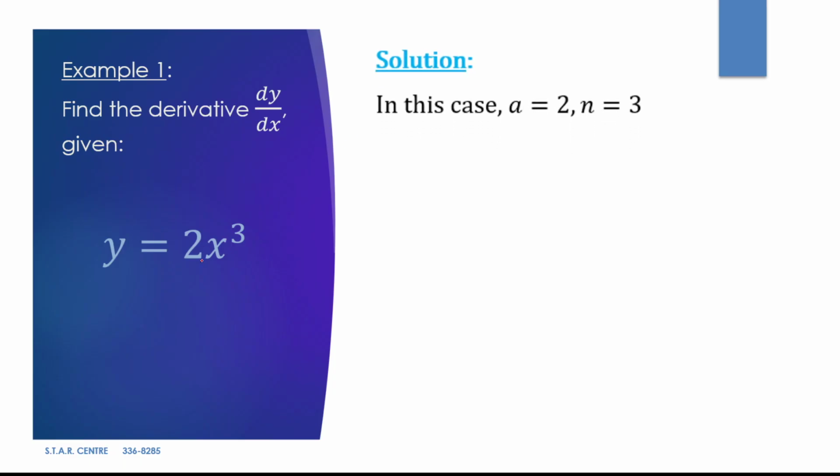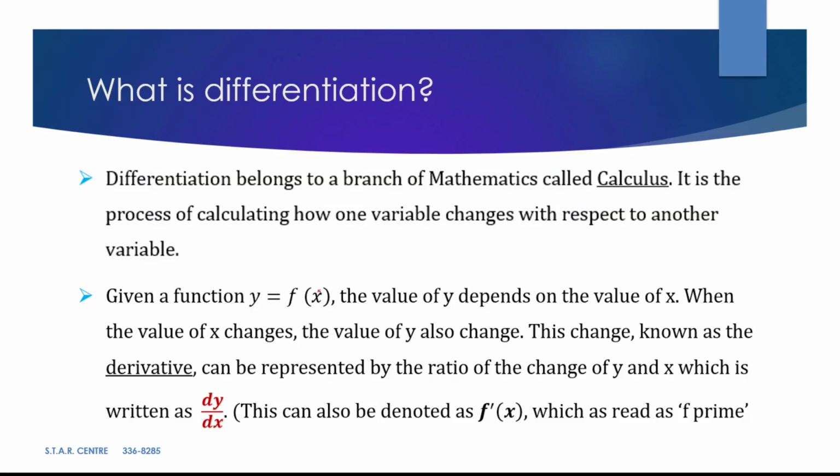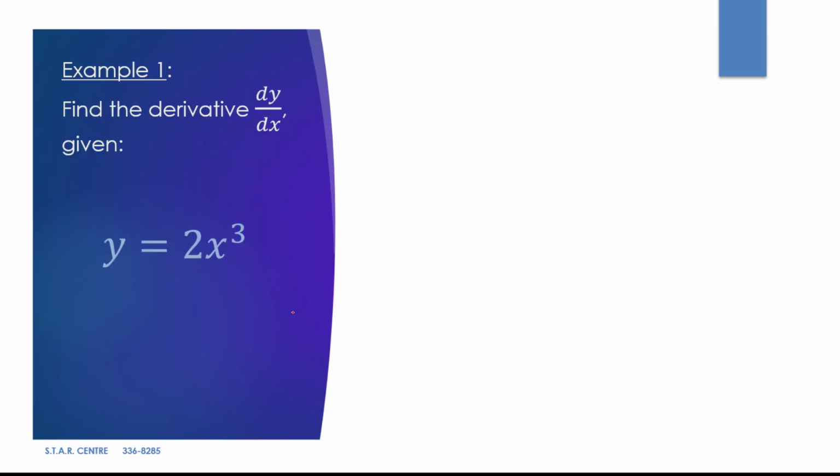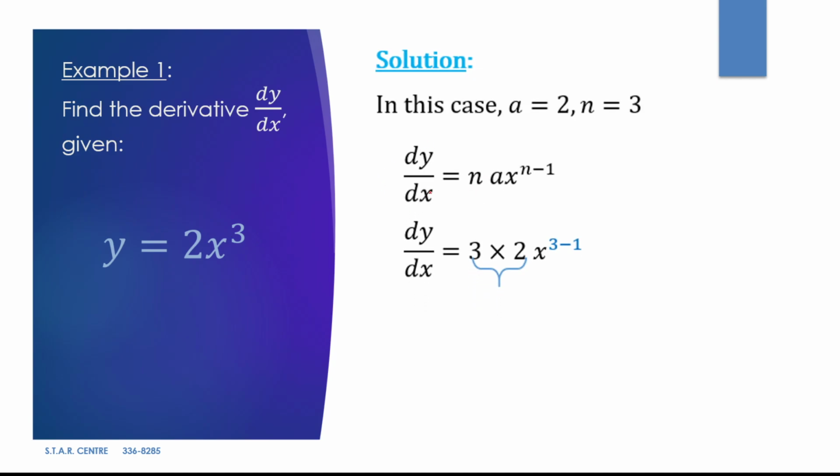In this question, we have 2x to the power of 3, and if we look at our rule as before, our power rule is in this form, ax to the power of n. So from the question we are given, a would be 2 and n would be 3. Using the power rule, dy dx equals n ax to the power of n minus 1.